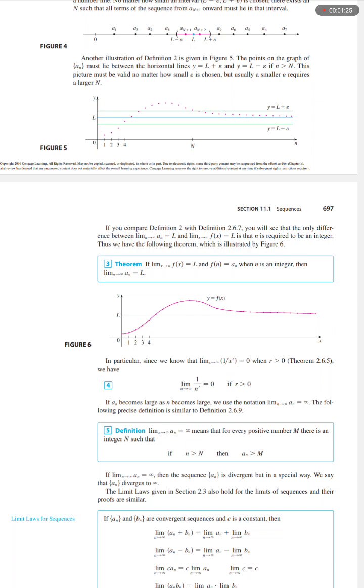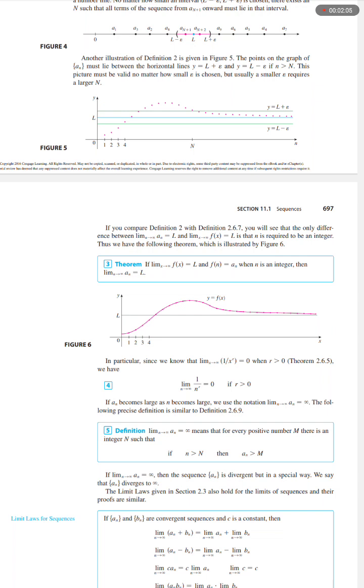In particular, since we know that the limit as x approaches infinity of 1 over x to the r equals 0 when r is greater than 0, theorem 2.6.5, we have definition 4, the limit as n approaches infinity of 1 over n to the power r equals 0 if r is greater than 0.